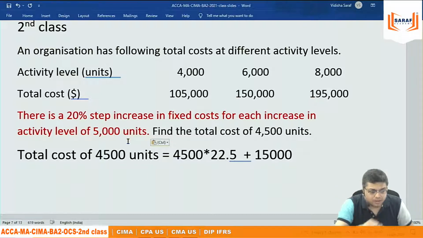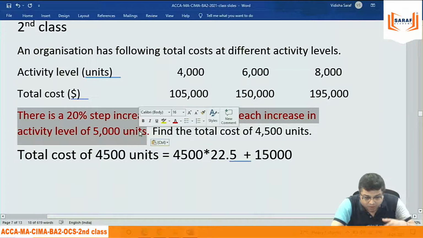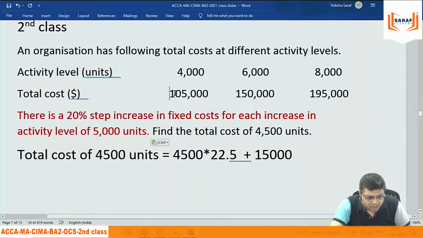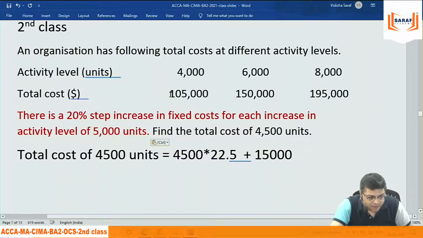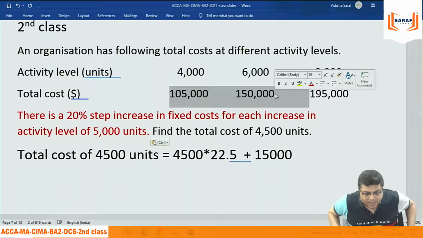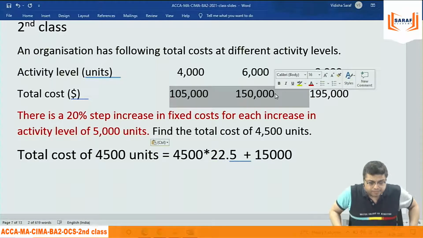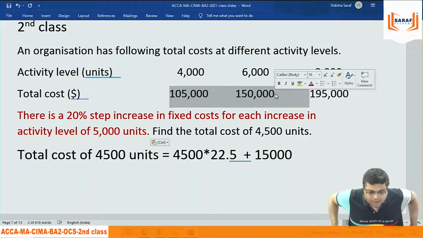That way. In this question, at 1,05,000 and 1,50,000, if we apply this sentence, whether the fixed cost is the same. Earlier we had not applied it. If we apply this sentence at these two levels, is the fixed cost at 1,05,000 and 1,50,000 the same?